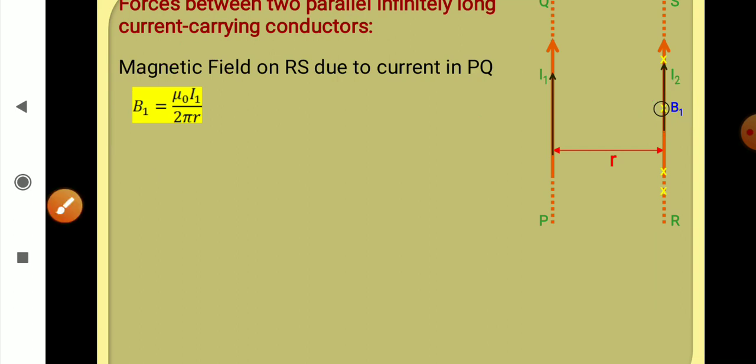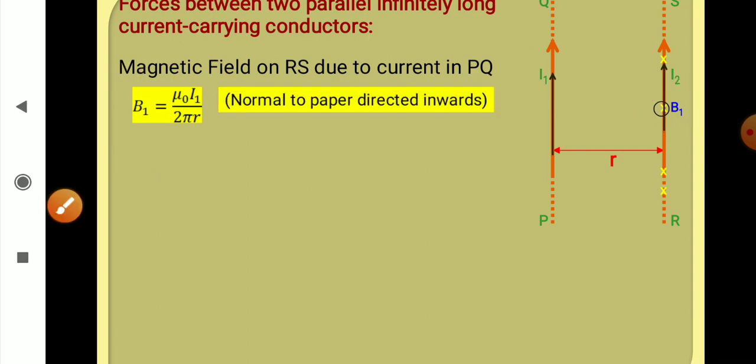Okay. Now this is normal to the plane of the paper inwards using your right hand rule. So if you hold this PQ in your right hand and extend your thumb along the direction of the current I1, then the sense of curling of your fingers gives the direction of B1.